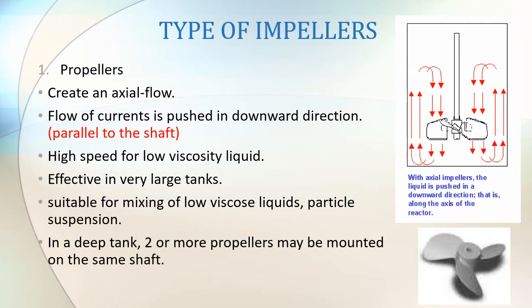It is suitable for mixing of low viscous liquid and particle suspension. In a deep tank, two or more propellers might be mounted on the same shaft. As we saw in the dye mixing example, you had two propellers mounted on the same shaft. This is required based on the depth of our tank.